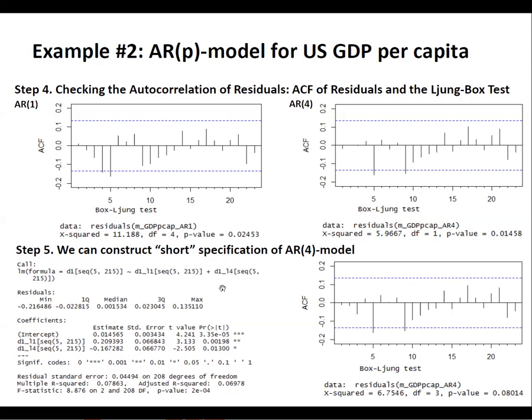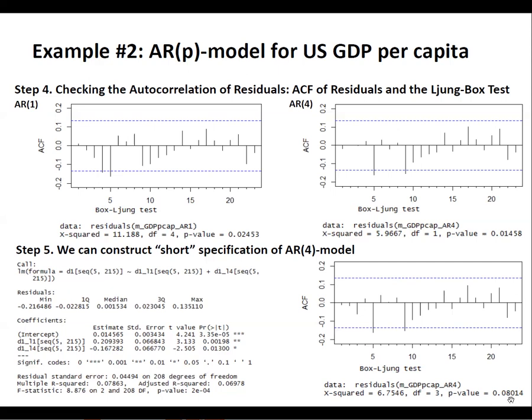Here we've got the values of the parameters for the first lag and the fourth lag. Here both coefficients are significant. We have significance at 1% level, and this one significance at 5% level. R squared is 0.69, and the Ljung-Box test immediately increases to a p-value of 0.08.